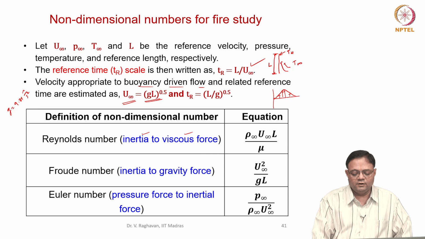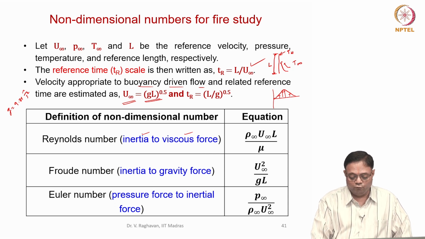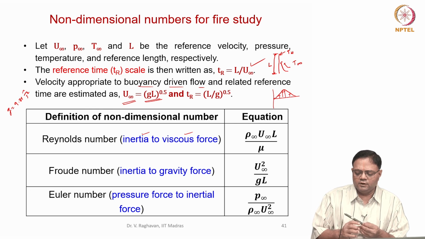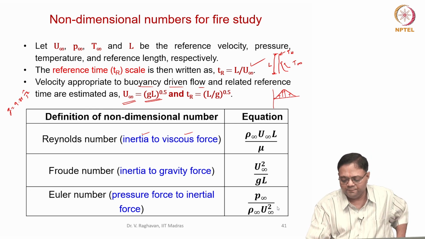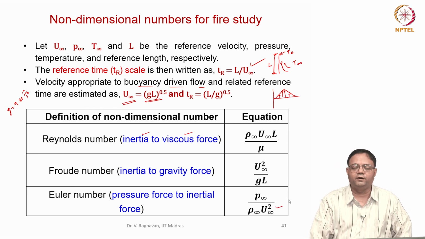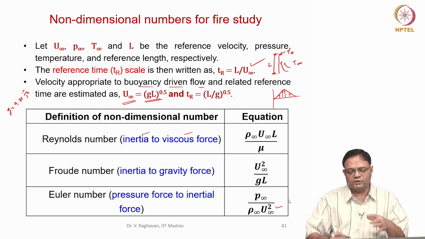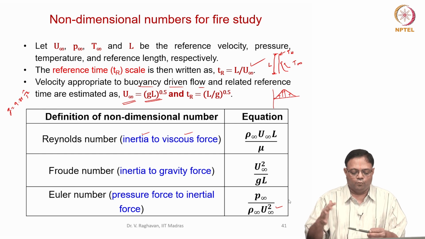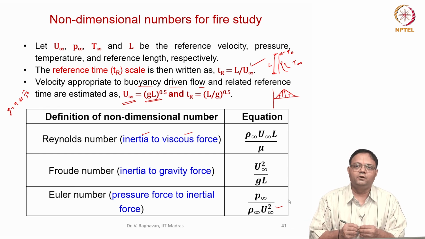Euler number is nothing but the ratio of pressure force to the inertial force, P infinity by rho infinity u infinity square. So now this is very important because the denominator, rho u infinity square, is nothing but a dynamic pressure. So how the external pressure modulates the flow, that is given by the Euler number.